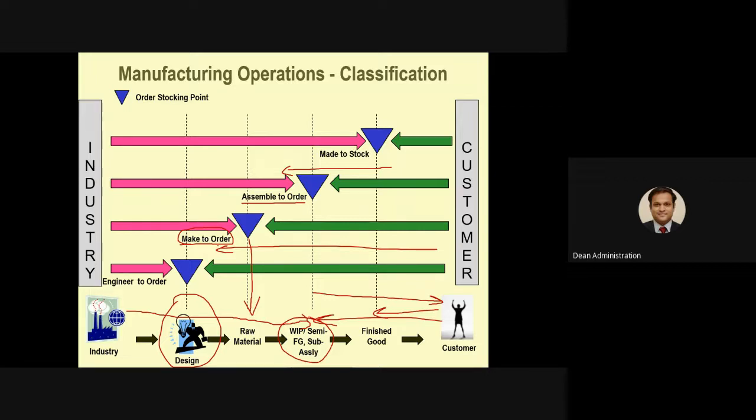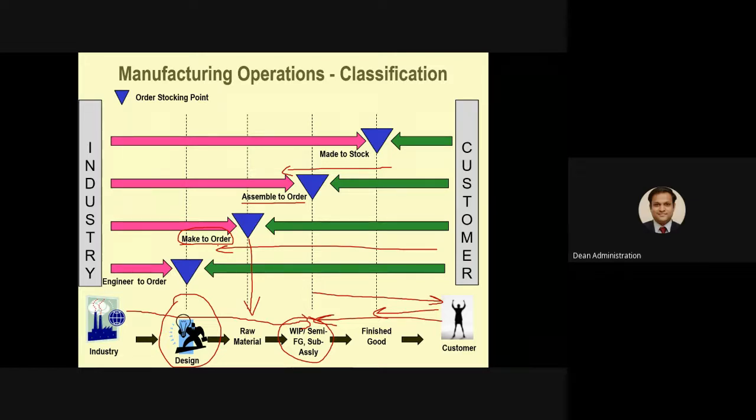But when the order is placed and well understood, the industry will sit with the customer, make out the plans, and then start procuring the various raw materials, or start using the raw materials to manufacture the product. Okay, so here you can see a large amount of customizability is possible. So these were two good examples of make to order.